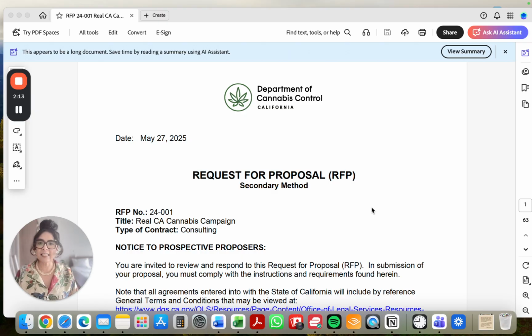One thing you will always be able to skip, since we're writing a technical proposal, is anything that has to do with cost or price in all of the documents. You can skip all that. So that's helpful.